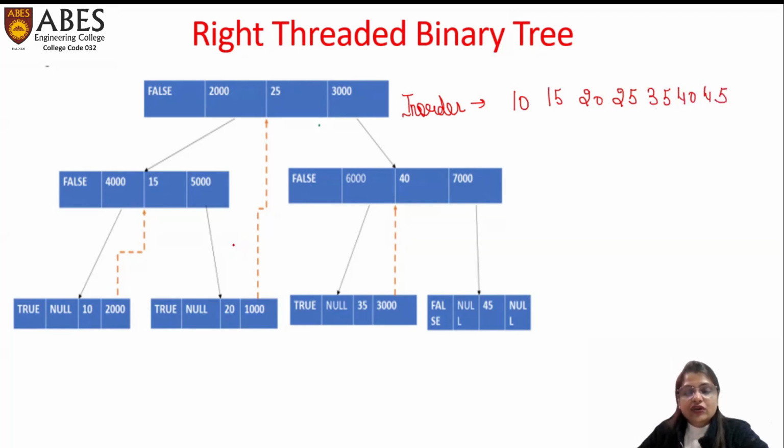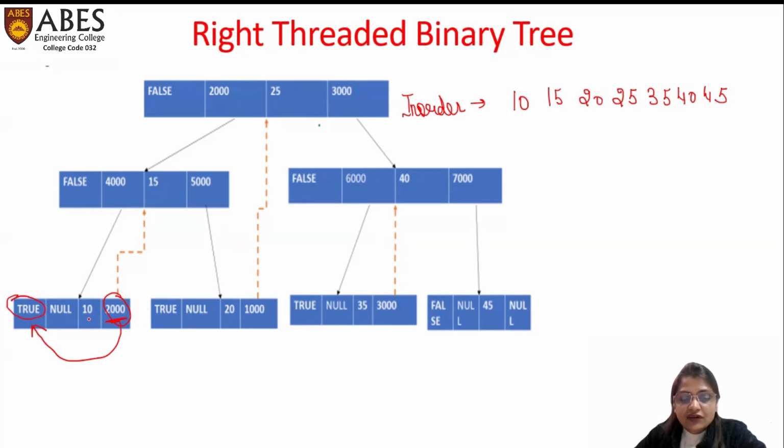Now we will talk about only the right child. In case of the right child, initially there was null, but now this address contains some value. It means we are using the right threading concept here. That's why this Boolean value will become true here.